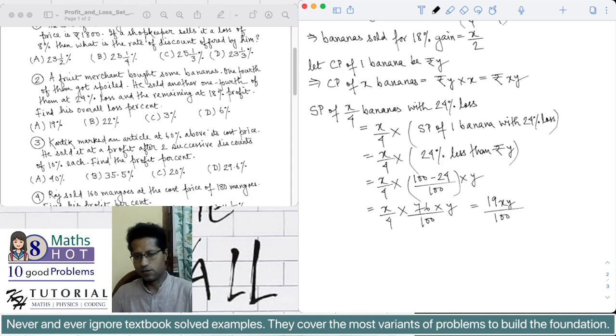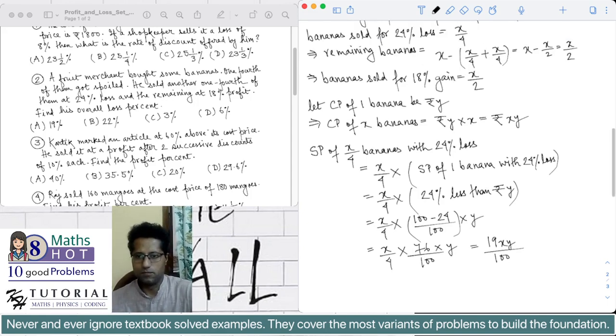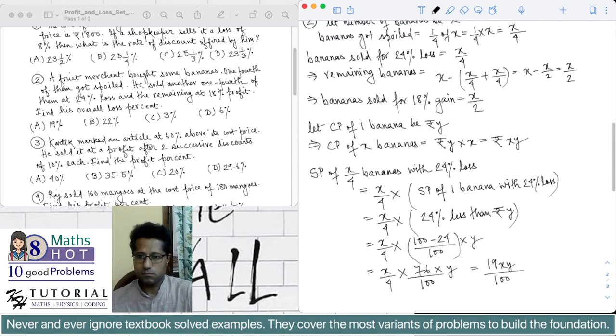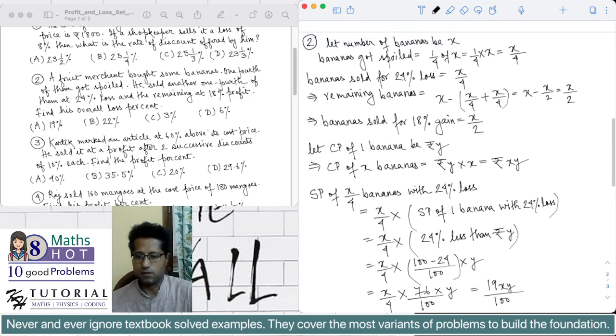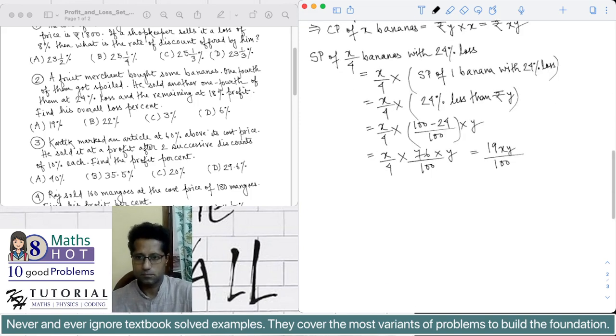This is the selling price of x by 4 bananas which were sold with 24% loss. Similarly, we will find the selling price of the x by 2 bananas which were sold for 18% gain.